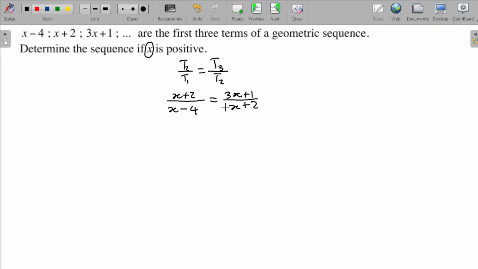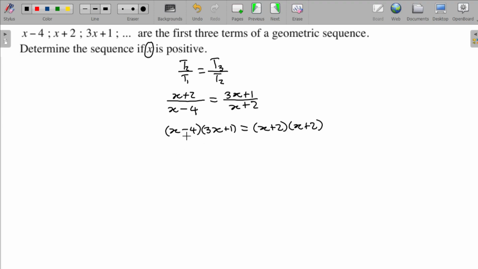Again, from here, we do a cross multiplication. So we're going to have x minus 4, brackets are very important, 3x plus 1 equals 3x plus 2 into x plus 2.